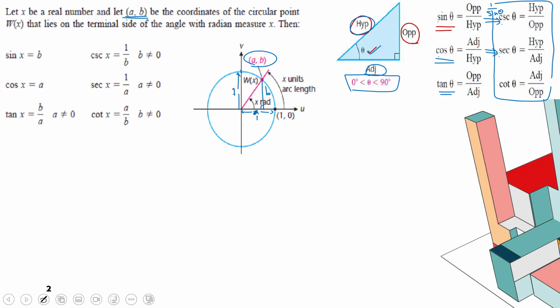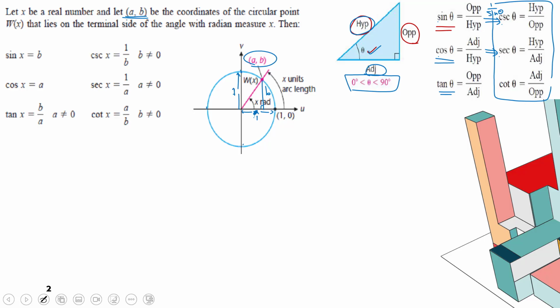Tan is the opposite over the adjacent, right? So it will be B over A, right? So be careful if A is equal to 1 or B is equal to 1, like here and here and here and here, right?